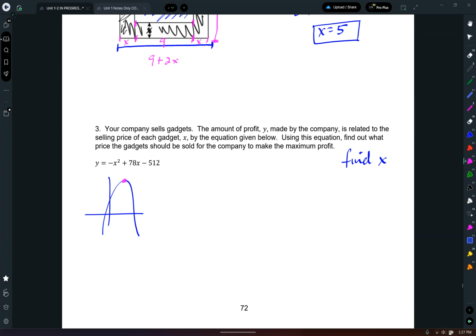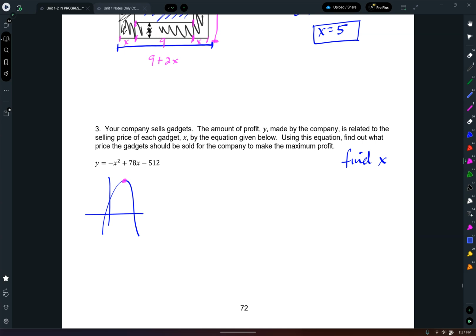So one thing I could do, since I know it's at the vertex, and the question says here, find x at the vertex. I don't need to go straight to finding y, find x at the vertex. So I could go to my calculator and do that like we did last time. But why don't we pull in something that we learned the other day, or that we were reminded of the other day in standard form?